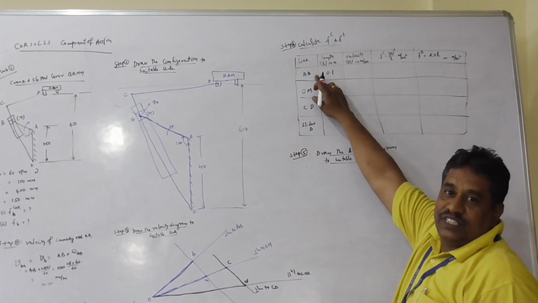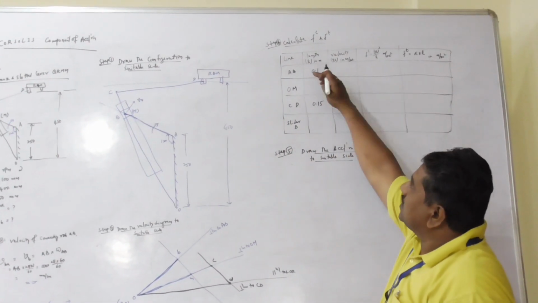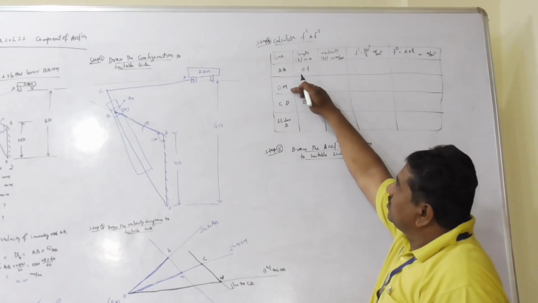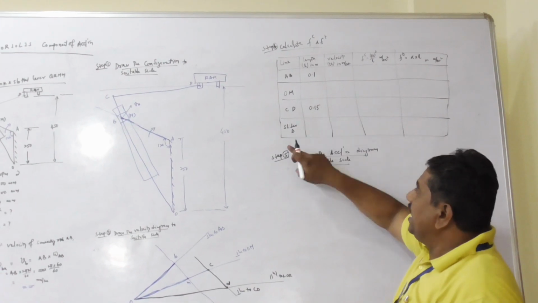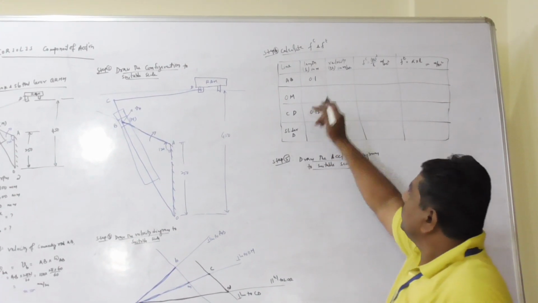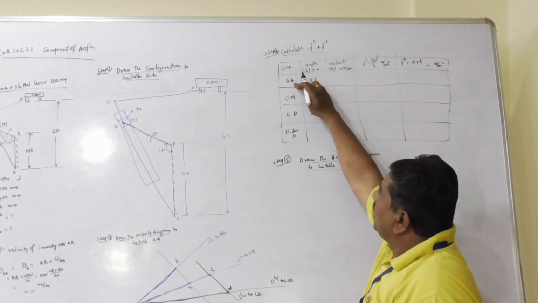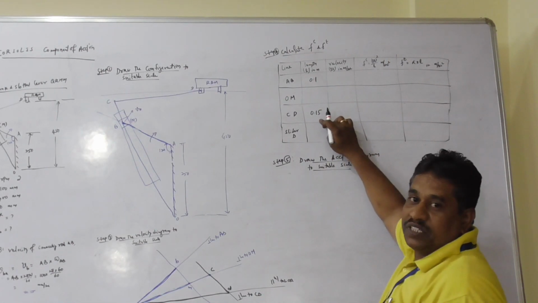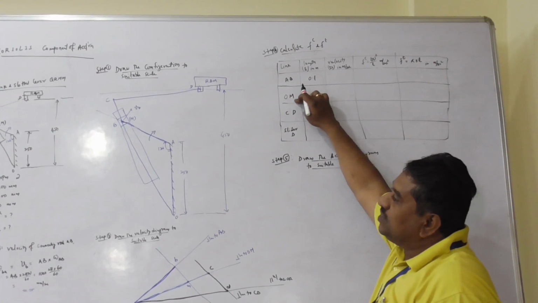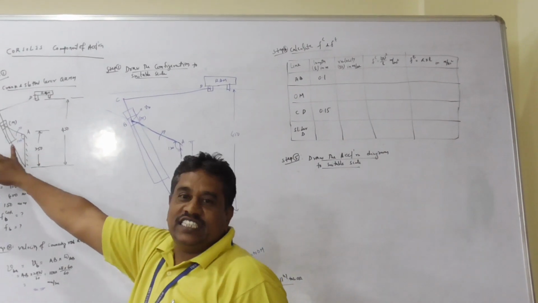As usual, in the first column, the links: connecting rod AB, oscillating link OM, link tube CD, and there is a slider D. The lengths of connecting rod AB and CD are expressed in meters, but OM distance is not given in the figure.